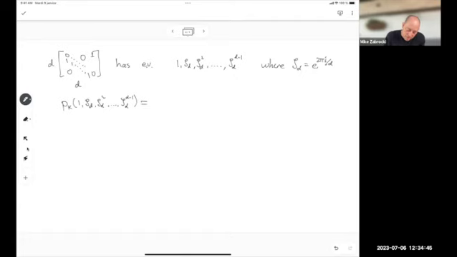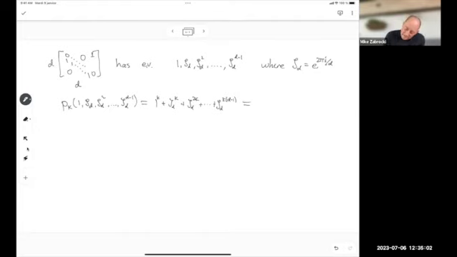Right? And what is this? This is 1 to the K plus zeta D to the K plus zeta D to the 2K, up to zeta D to the K times D minus 1.